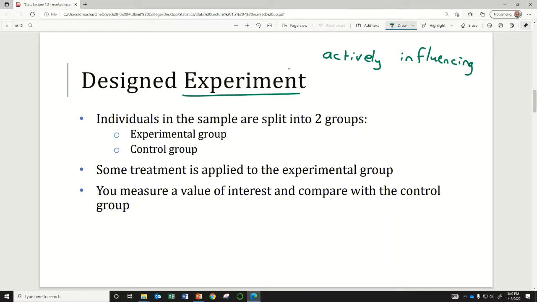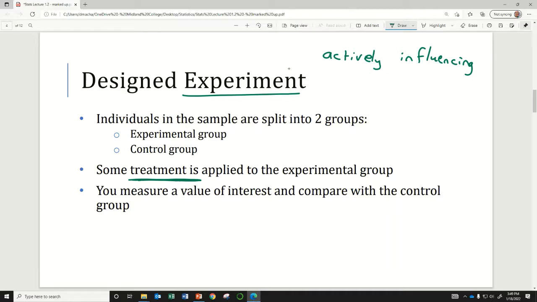Generally, in a good experiment with a decent design, you want to split the individuals in your sample into two groups. One we call the experimental group, and one we call the control group. We apply some treatment to the experimental group, measure some value of interest, and compare it with the control group.